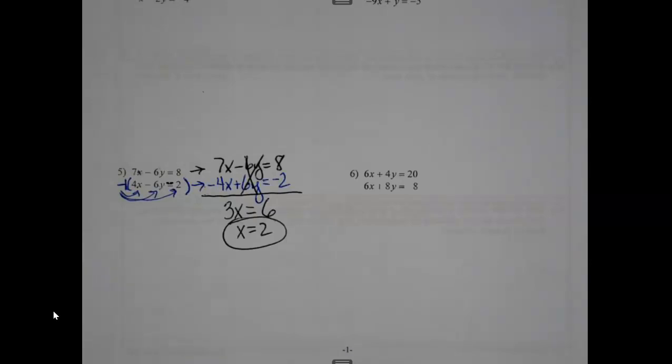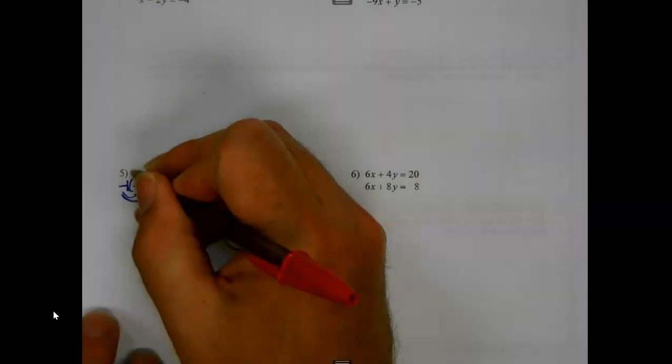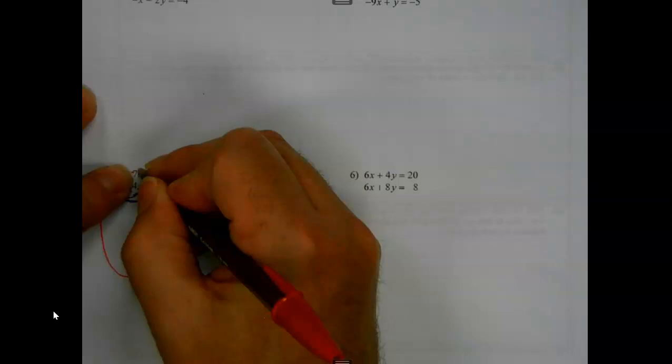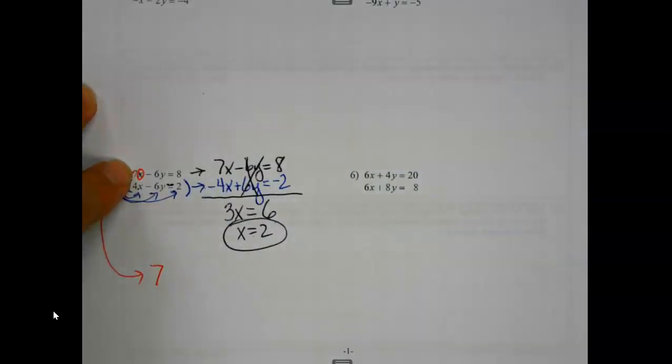So once that first answer is set, and it doesn't matter if it's x or y, the first time we got y first, this time we got x, I'm going to go ahead and keep using that top equation each time. And so I start writing until I get to the variable that I solved for just now.